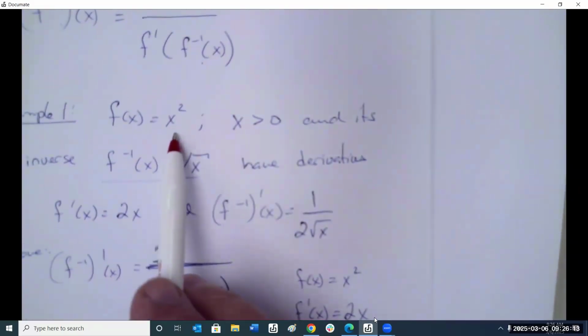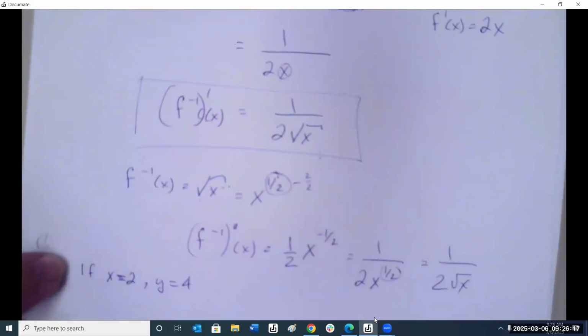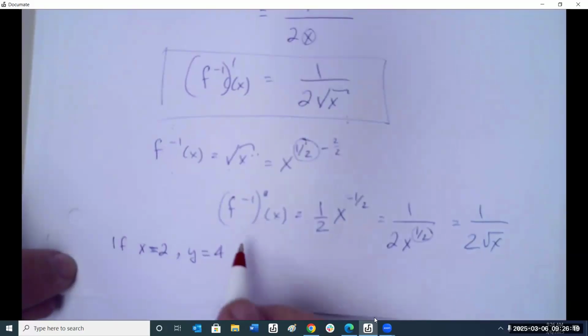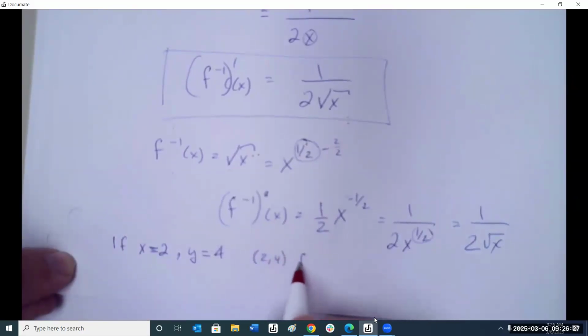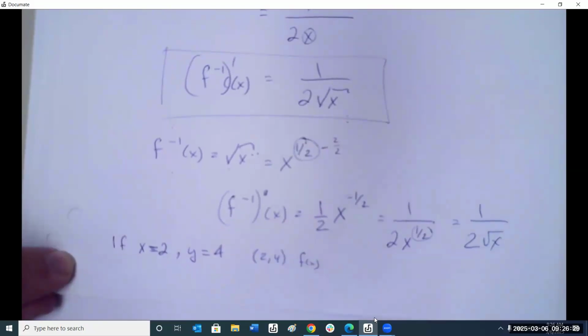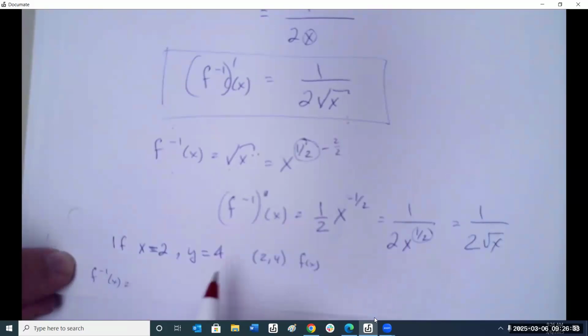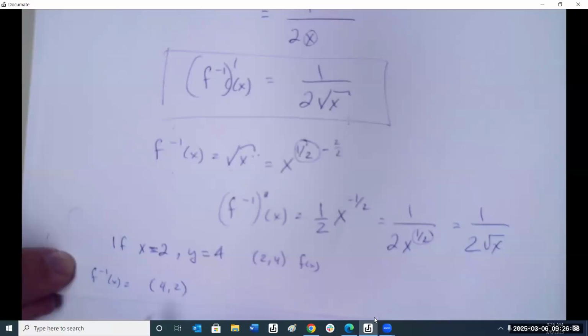If x equals 2, what is y? 4. That's of our regular function. So now we have a point at (2, 4). This is for f of x. For our inverse function, we have to switch those. We have the point (4, 2).